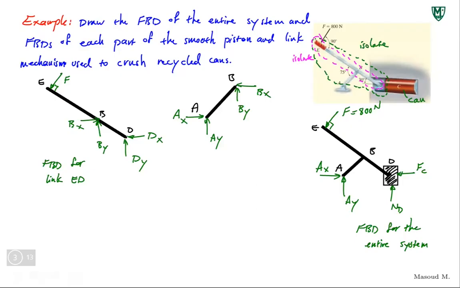And there is no external force or moment applied to link AB. What does this remind you of? A member that does not have any external force applied to it anywhere in the middle of it. There is no torque or moment applied to it. It's just connected to other members.